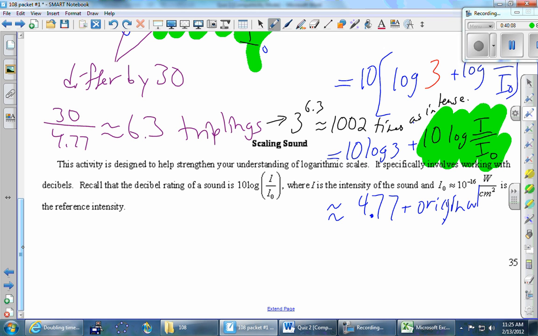There's this scaling sound activity, and we have 25 minutes. I don't know how long this activity will take. So get through it, and if there's time, we can maybe start next class. I don't know, but I will say this. The point of this activity is to help you develop some more intuition about these logs, and we're going to use sound to try to help develop that intuition.